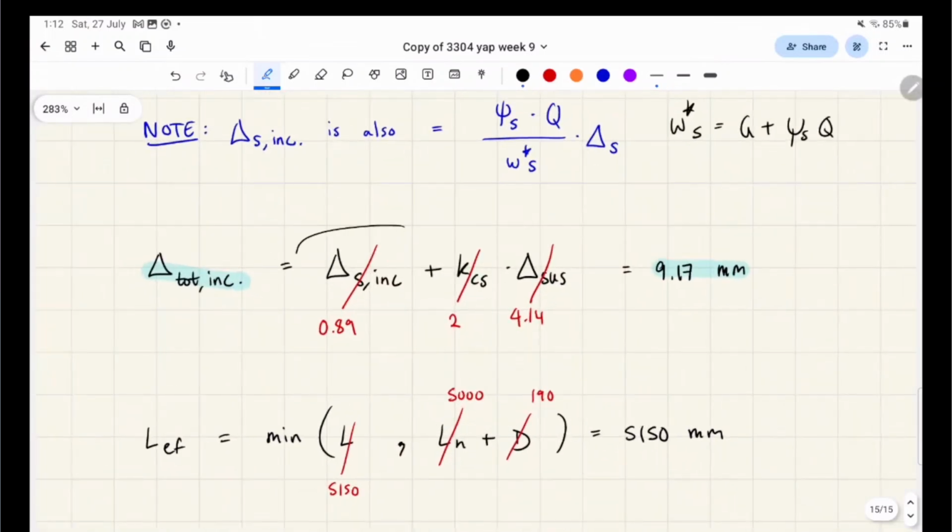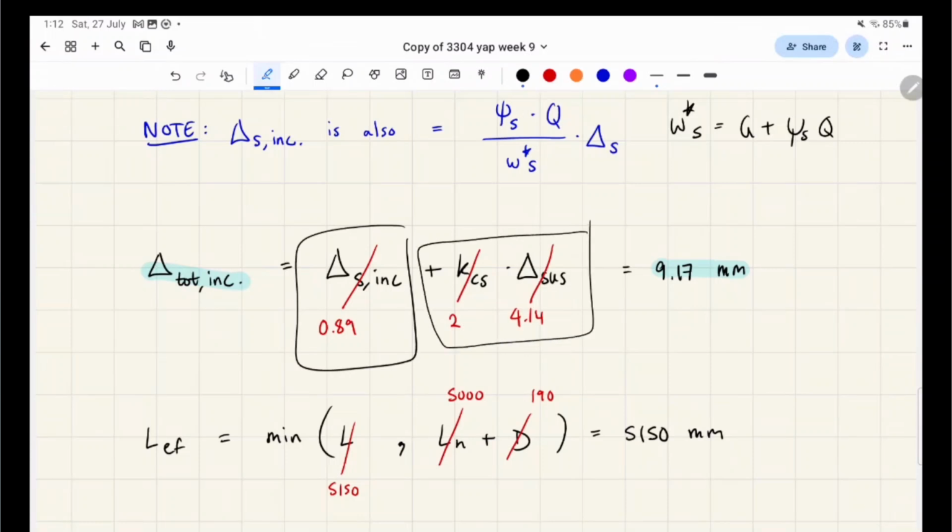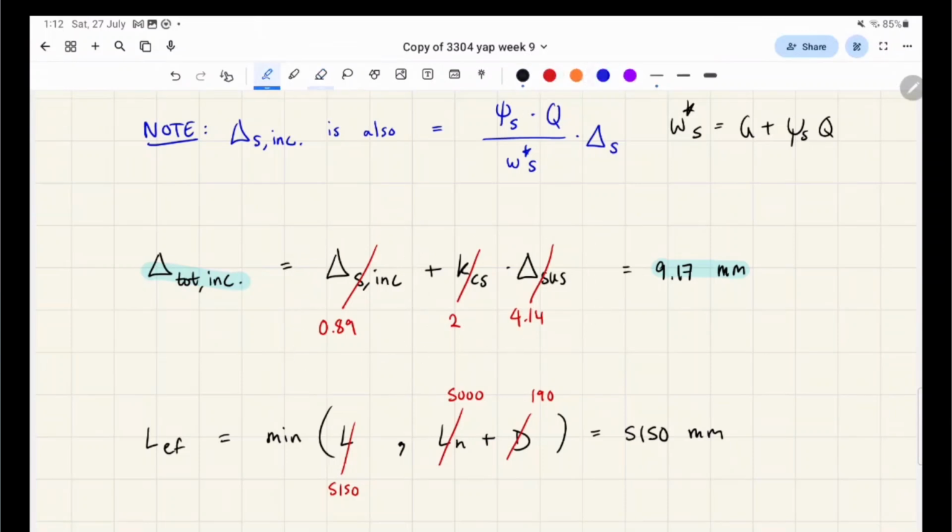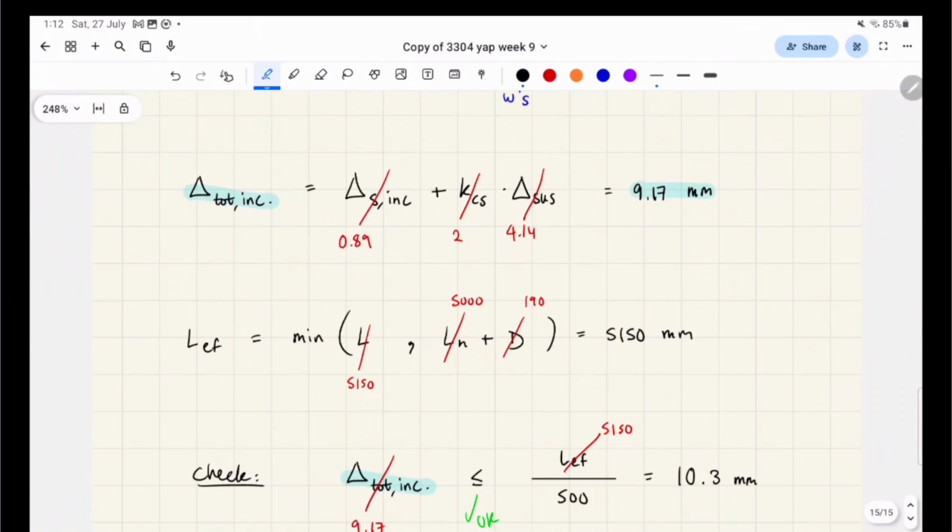It's kind of cooked, right? So that's the 0.7 Q deflection, and we add on the sustained deflection, right? And that's the total incremental deflection, right? LEF is the minimum between the length that we calculated and the net length plus the depth of the slab.